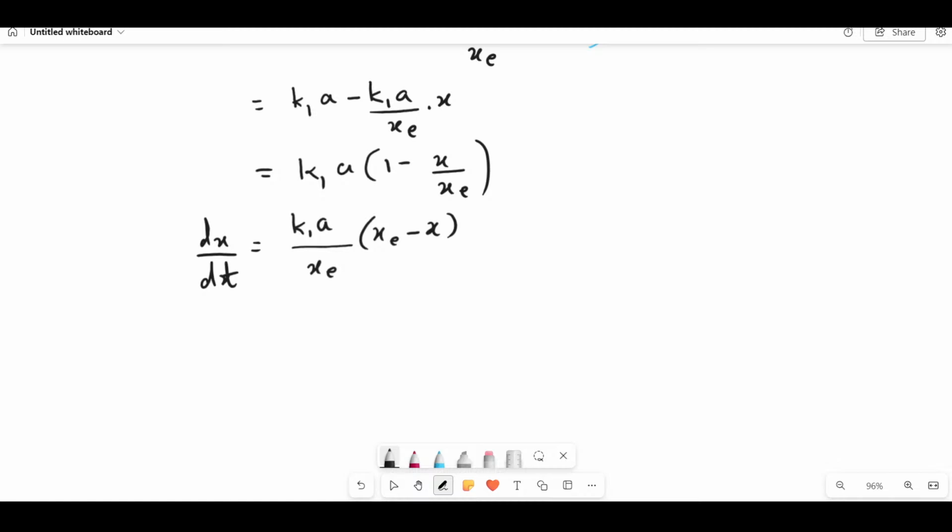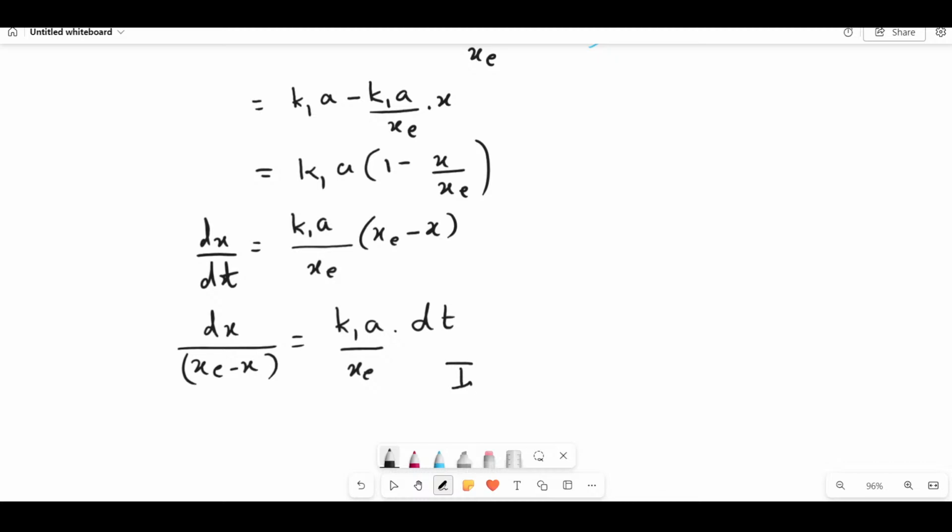When we bring the similar terms together, dx by (xe minus x) is equal to k1a into dt divided by xe.